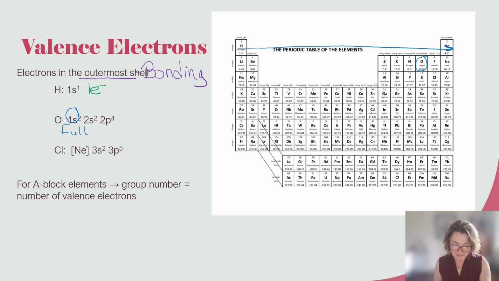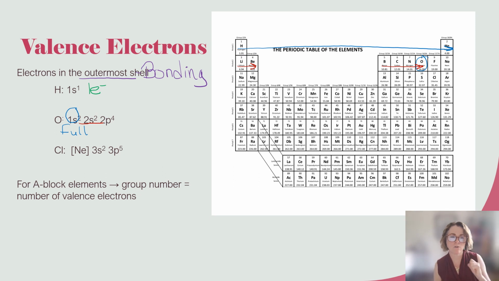Now, to complete the electron configuration for oxygen, we went through 2s2 and 4 spaces into the P. I did not completely fill that second energy level, right?